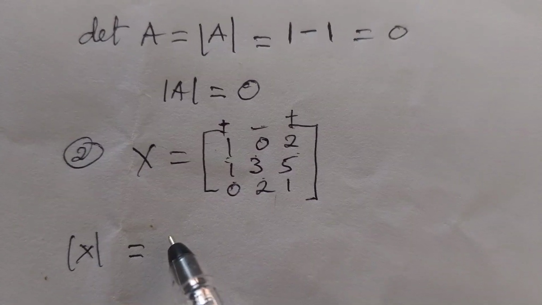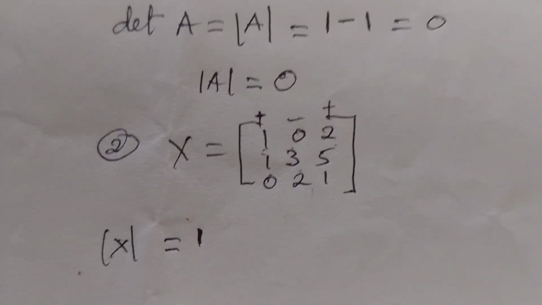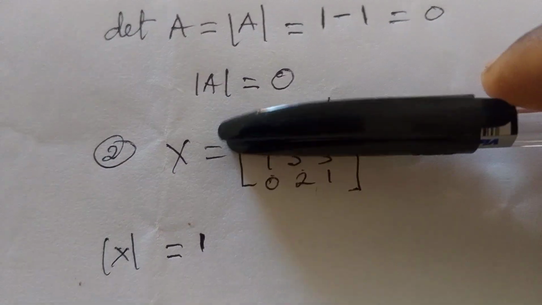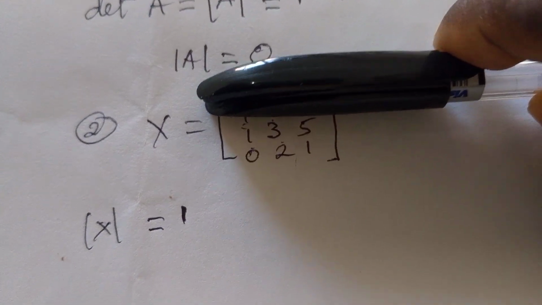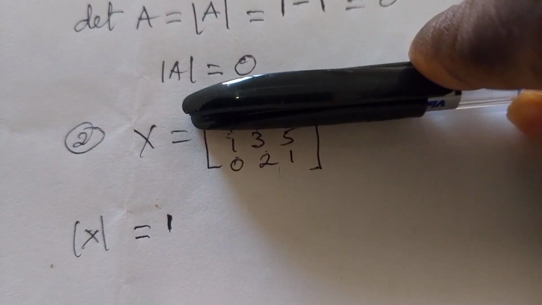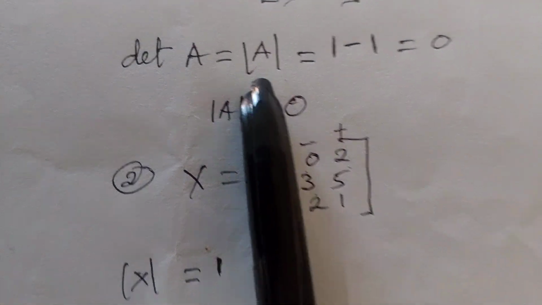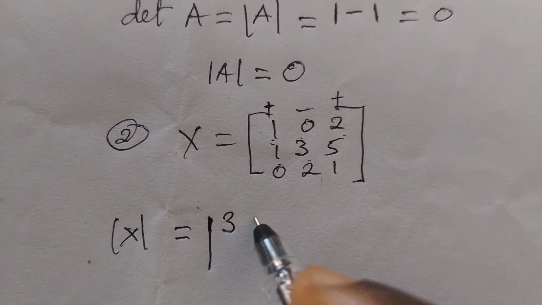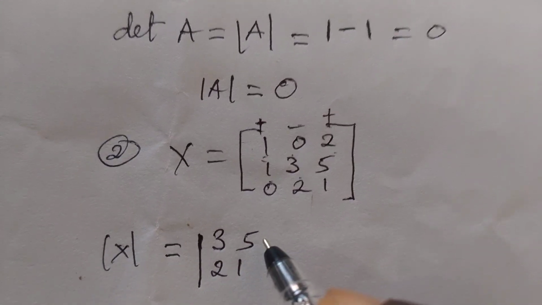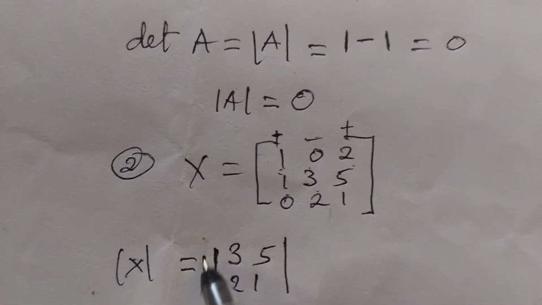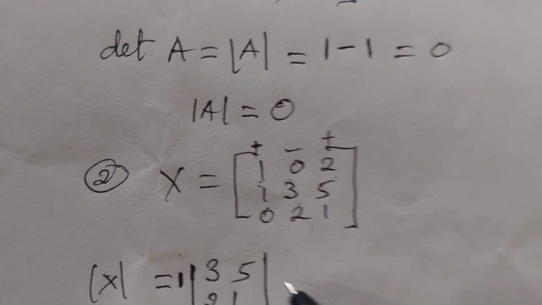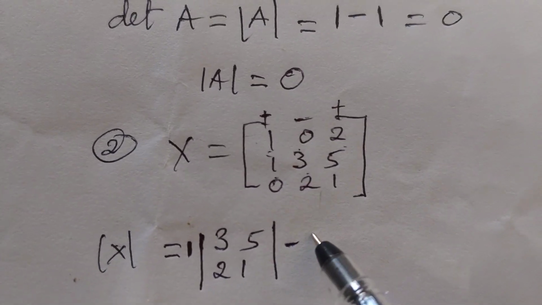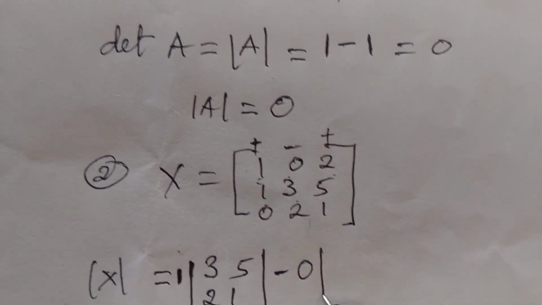So I'll bring down that 1, and I'll cover the first row and the first column. What I'm left with is 3 5 2 1. I'll bring out 1 here, don't forget. I'll put a minus here, because there's a default minus here, and this is going to be 0. So I'm also going to do like this.